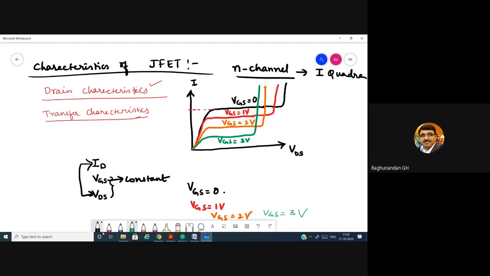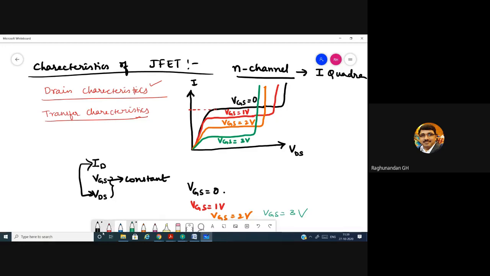Once you keep VGS equal to 3 volt, you'll keep it constant and you'll be increasing VDS for this particular curve. That's why I have written in different colors. This is one iteration, this is other iteration, this is other iteration. For one iteration, you'll keep VGS fixed, and you'll be varying VDS.